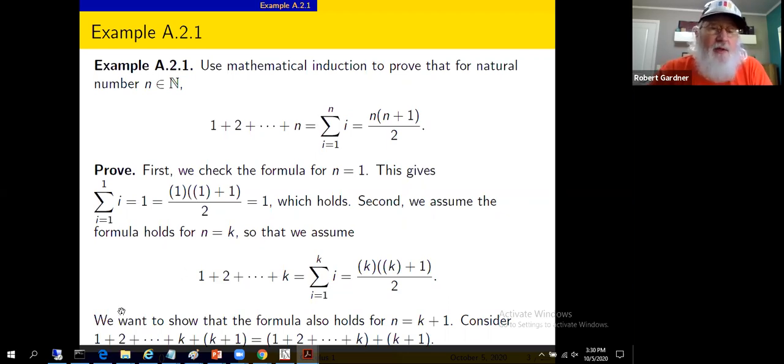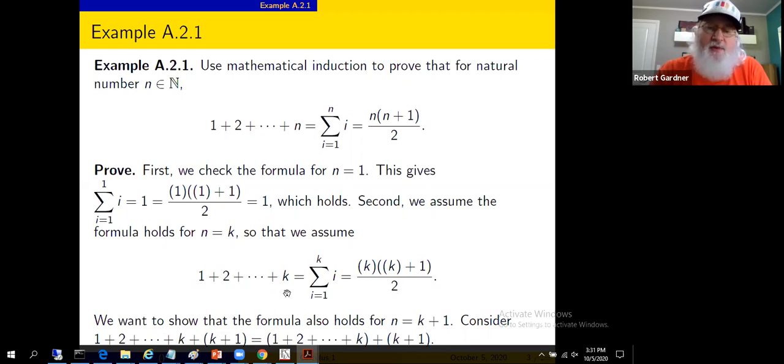So we'll add 1, 2, up through k, plus k plus 1. I want to associate the first k terms and pull the k plus 1 term over to the side, because I know what the sum for 1 through k is. That's the induction hypothesis. So here's the plan.